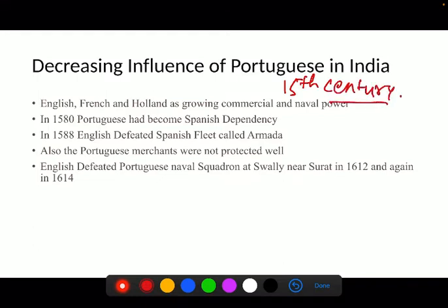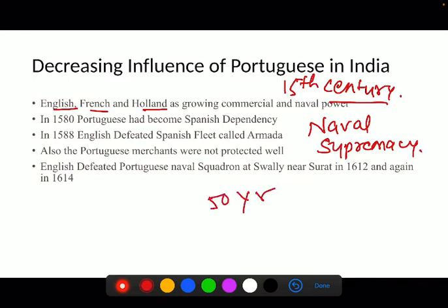And what was the speciality of Portuguese? Their naval supremacy. But this was not the case with English, French, and Holland. They tried at that point of time also, but they failed. They tried for more than 15 years, from 1500 to 1550.